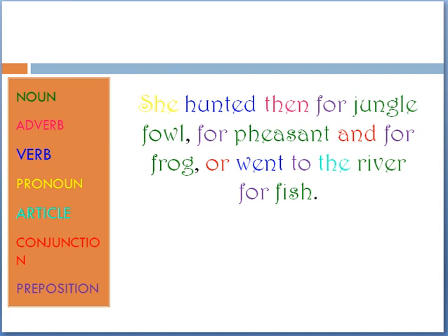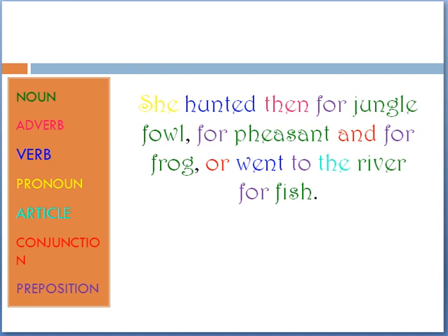So it is telling about the time when the hunting was done, so it is an adverb. For jungle fowl, for is a preposition. It shows the relation between a noun and a verb. Here the noun is jungle fowl and the verb is hunting, when the mother tiger hunts for jungle fowl.